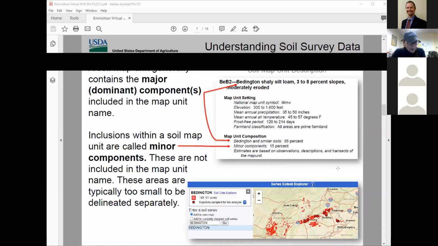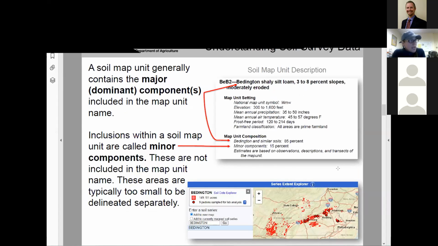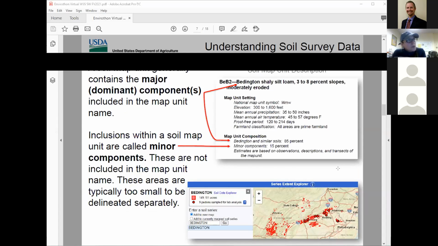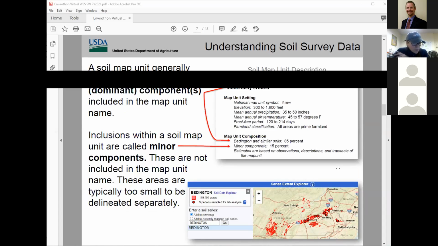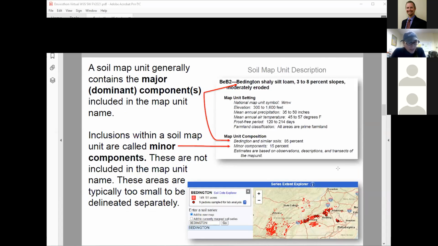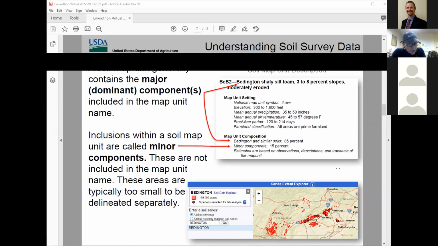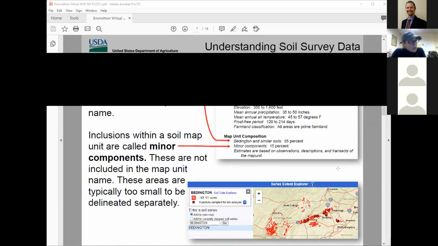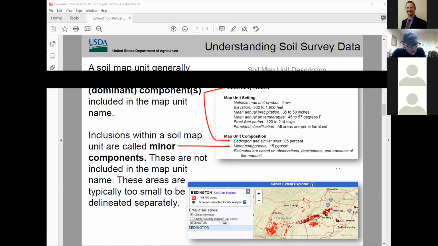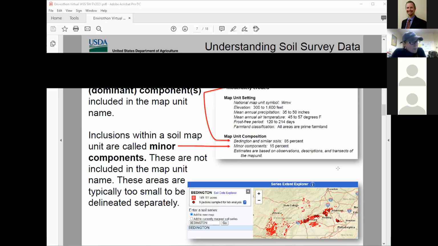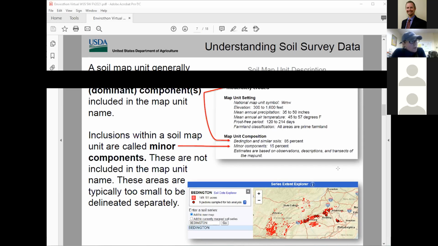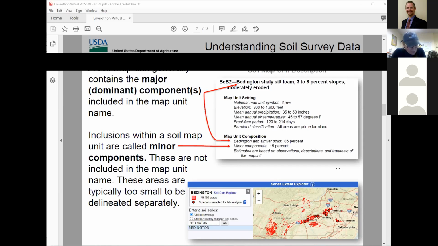If you hit that map unit name, it'll take you to a soil map unit description. The soil map unit generally contains a major component, sometimes referred to as a dominant component. It may have associated minor components that are considered other inclusions. Typically, these areas are too small to map, but they're recognized in the soil map unit description.